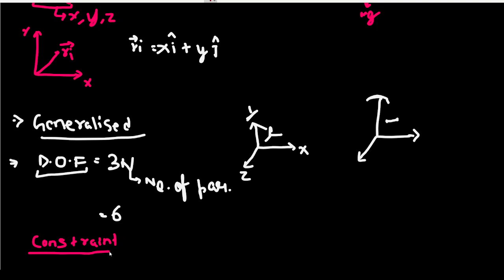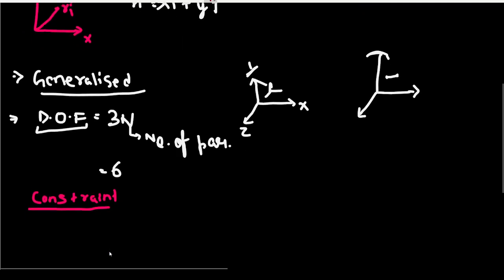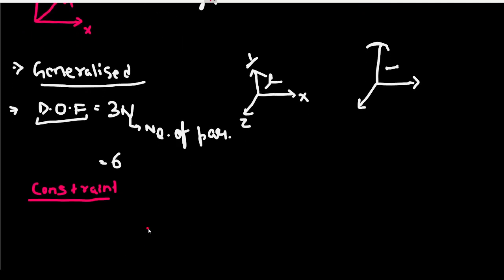Restriction. So let's suppose that an object is moving in a circular motion about a fixed radius like this. I'm just drawing. So there is a constraint here: the particle has to move in a fixed radius, which is a.